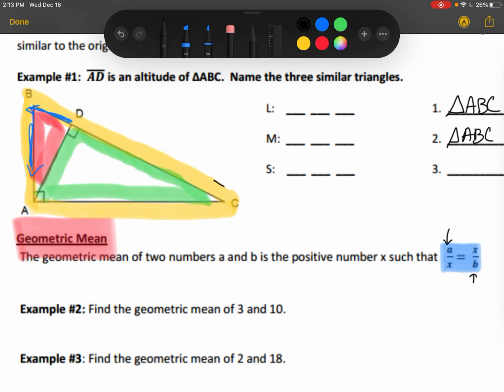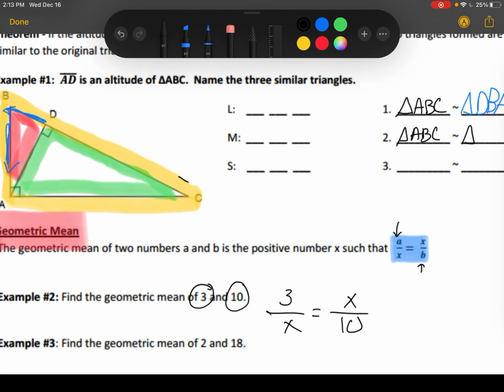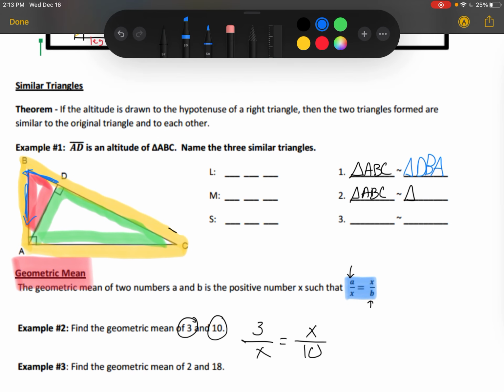So for example here, with our geometric mean, we don't know it, so we always start off like this. We're trying to find the geometric mean of 3 and of 10. This looks like a lot, but it's actually not too bad once we get started working. We still cross multiply.